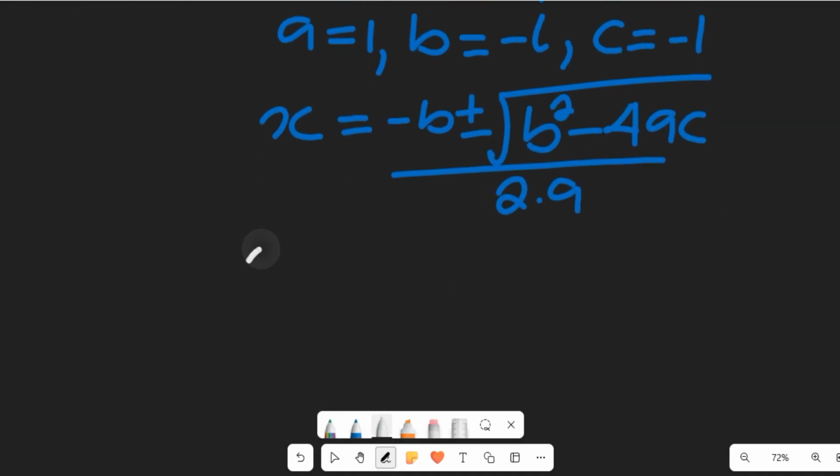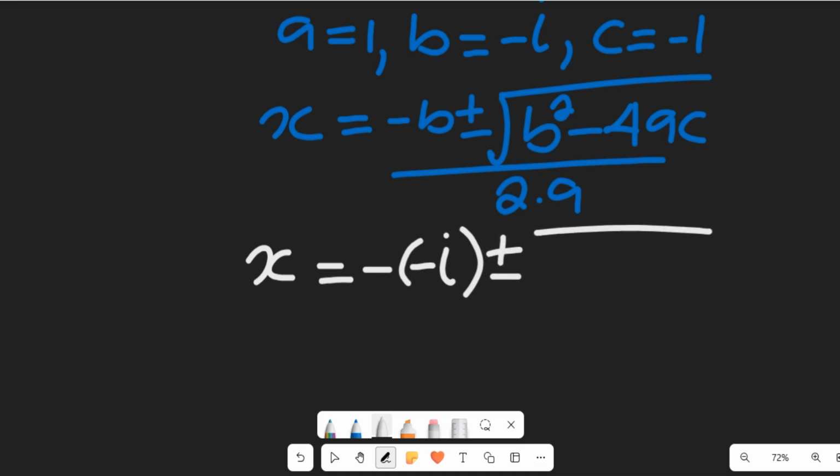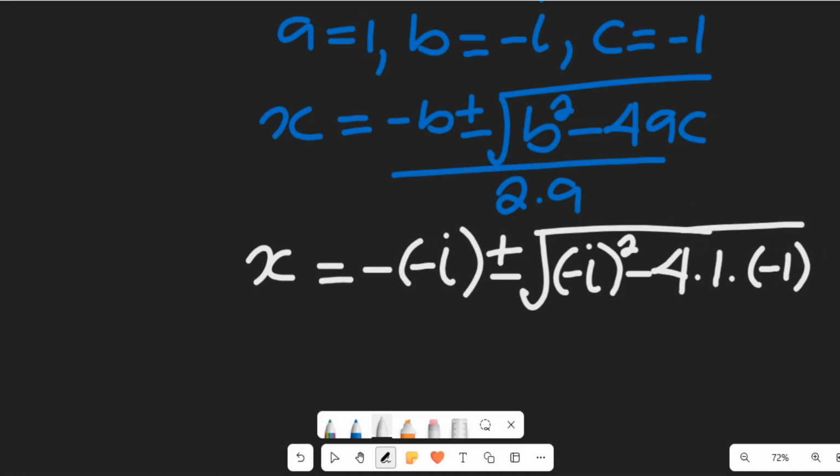We're going to have x equal to negative multiplied by negative i, plus or minus the square root of negative i all squared minus 4 multiplied by 1 multiplied by negative 1, and all of this divided by 2 multiplied by 1.